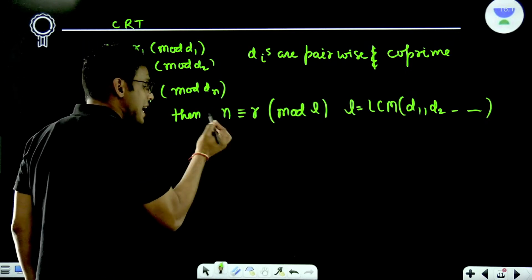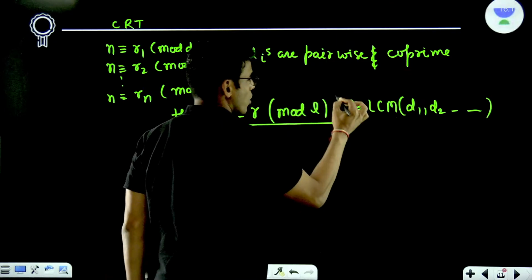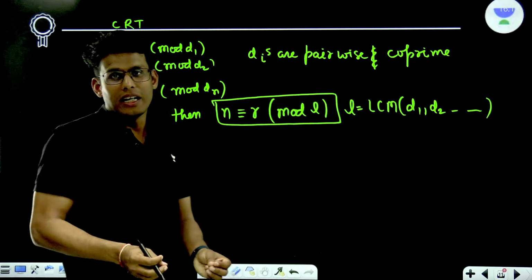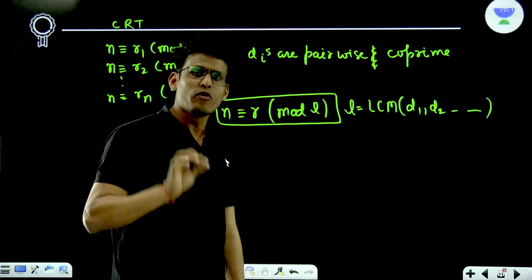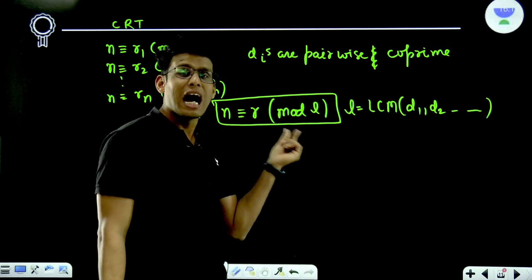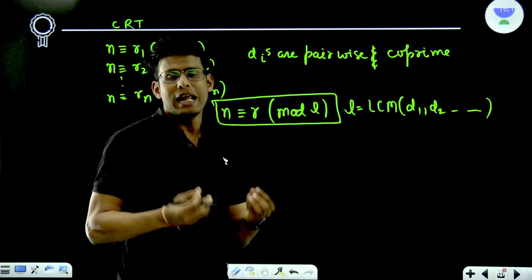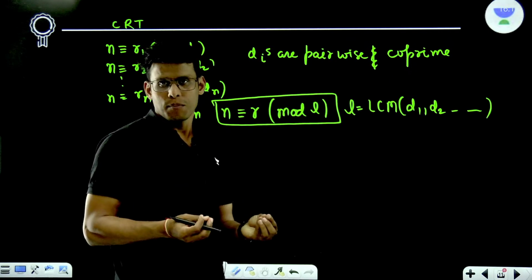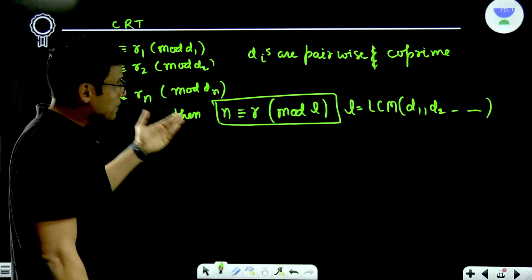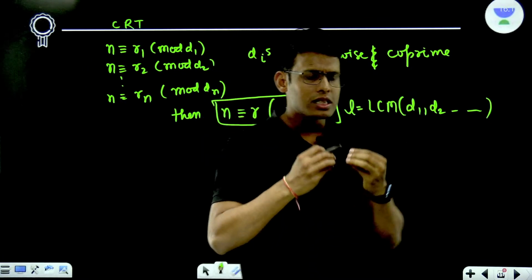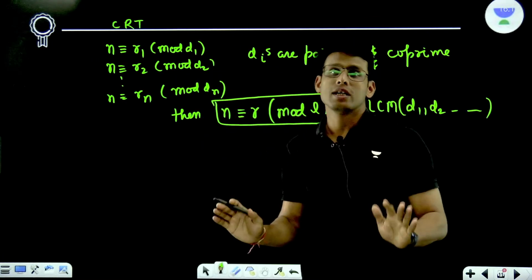This is the statement of CRT. It tells us about the existence of a solution but does not help us find it. How do we find this R? Let me show you with an example. This whole statement looks very strange, but when we see it using certain values, you will be able to understand.